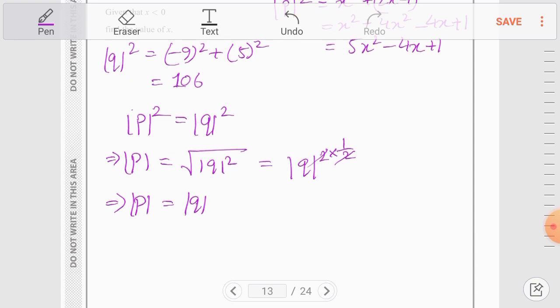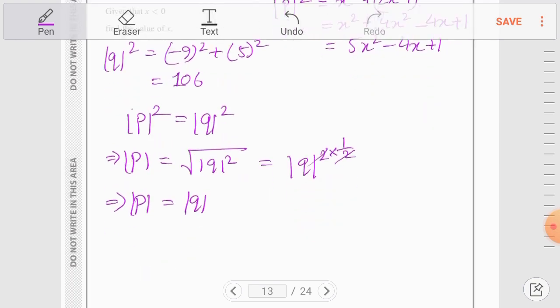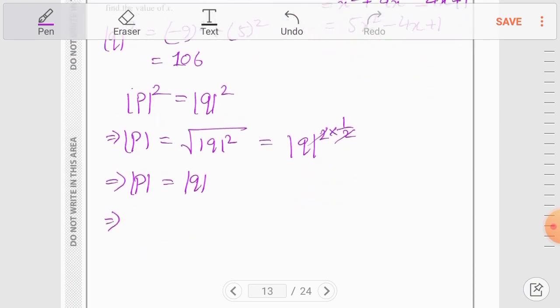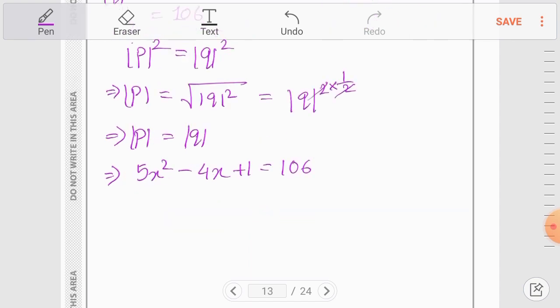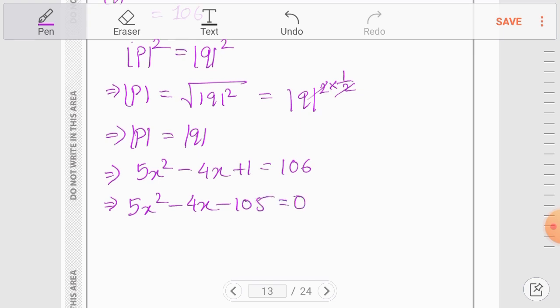And we can write the values for them. That is, modulus of p was 5x square minus 4x plus 1 is equal to 106. And move 106 to the left side of the equation. That is 5x square minus 4x minus 105 is equal to 0.